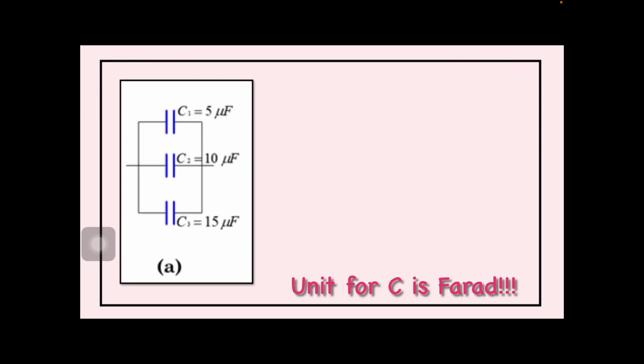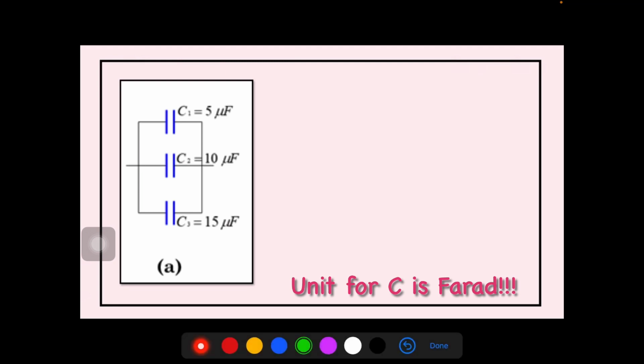So how to find the C equivalent? C1, C2, C3 are connected in parallel, so we just use C equivalent equals C1 plus C2 plus C3.